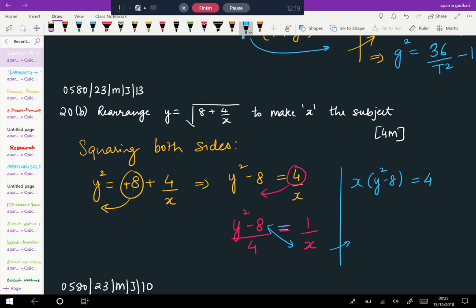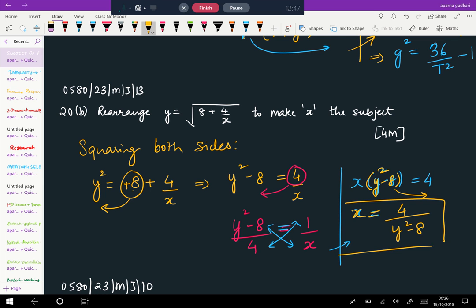Remember, I told you when there's a numerator and denominator on both the sides, you simply cross multiply. And I want x as my subject, so I'm going to take whatever is stuck to this x, that is your y squared minus 8, and from the numerator I'm going to put it in the denominator. So it becomes x is equal to 4 divided by y square minus 8, and this is the required subject of the formula.